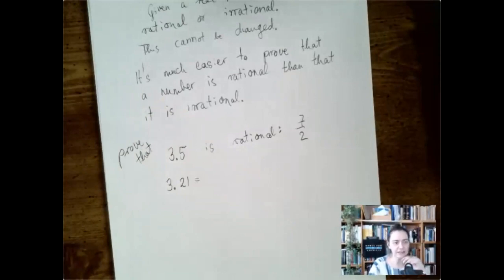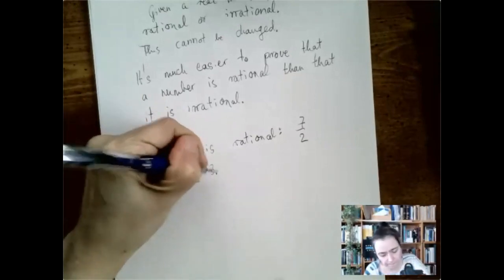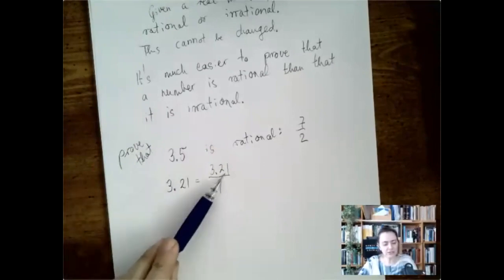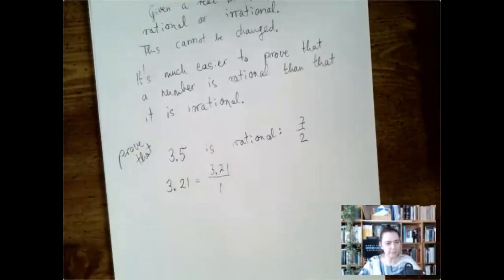Let's just write it as a fraction first. And now let's work on the fact that they are not all integers. So what is the thing we can do to a fraction? We can multiply upstairs and downstairs by the same number. And to fix a decimal, we have to multiply it by powers of 10.